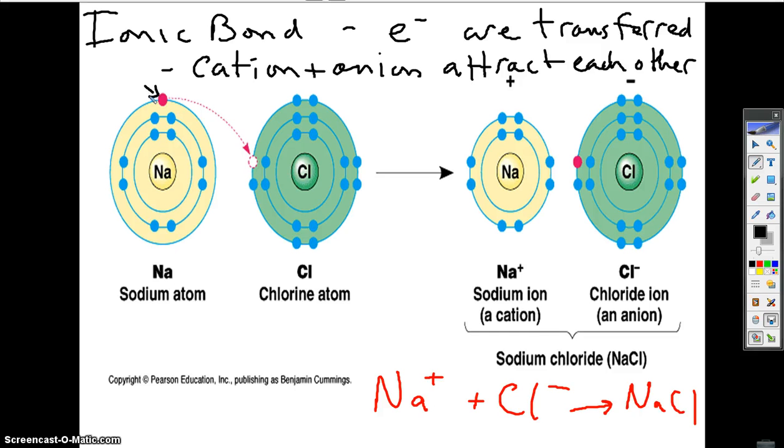That creates a positive sodium ion, because it has the same number of protons but one less electron, and a negative chlorine ion, or chloride ion, that has the same number of protons but one extra electron. Because of the electrostatic attraction between the positive and negative, they are attracted to each other and form an ionic bond, and that gives us salt.